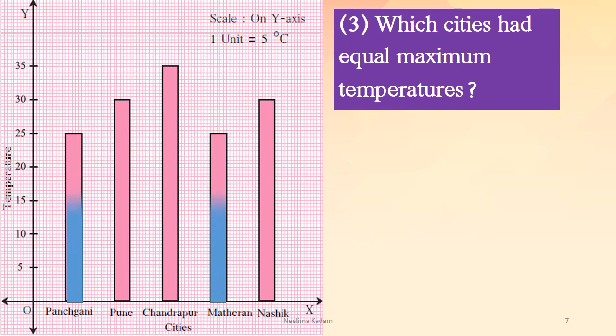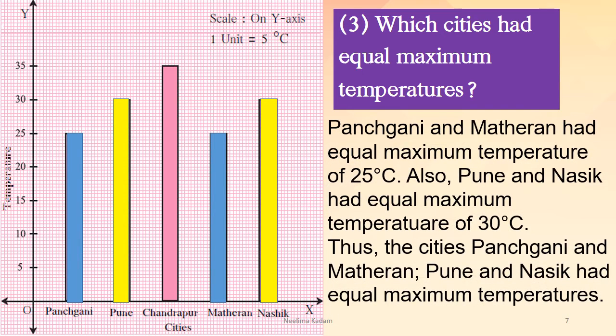So our answer will be C here, Pachgani and Matheran and Pune and Nashik. Pachgani and Matheran had equal maximum temperature of 25 degrees Celsius. Also, Pune and Nashik had equal maximum temperature of 30 degrees Celsius.